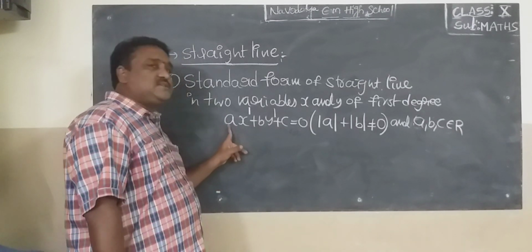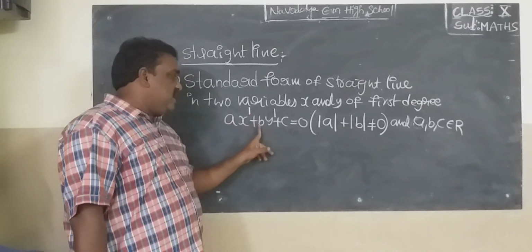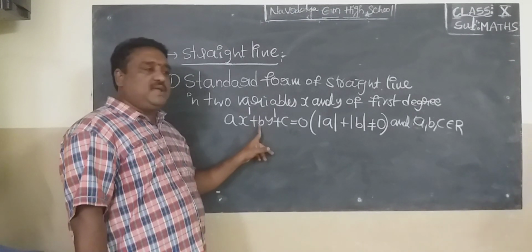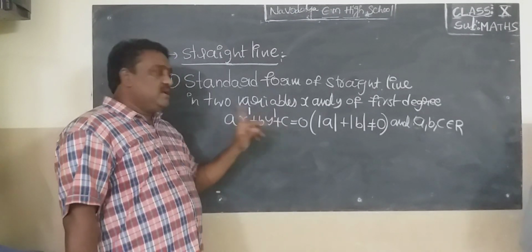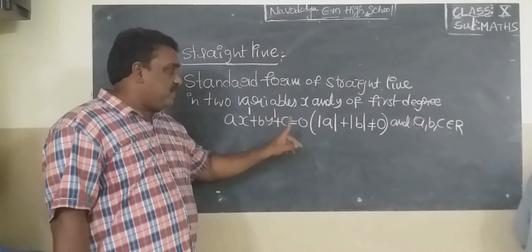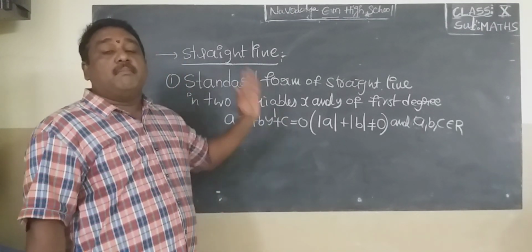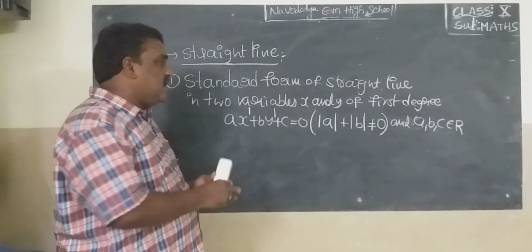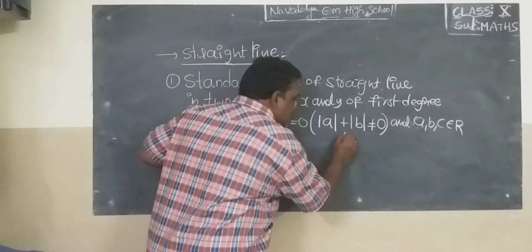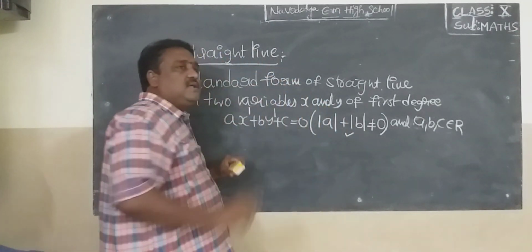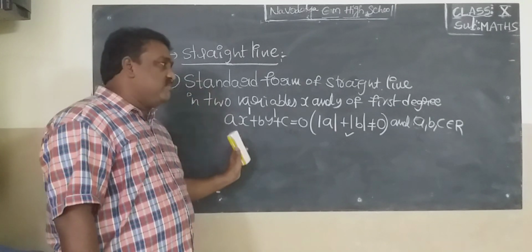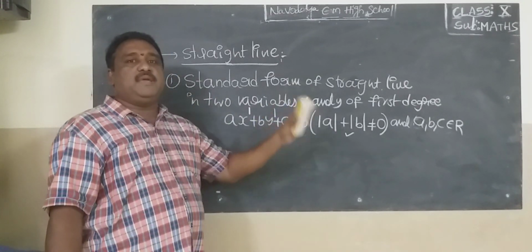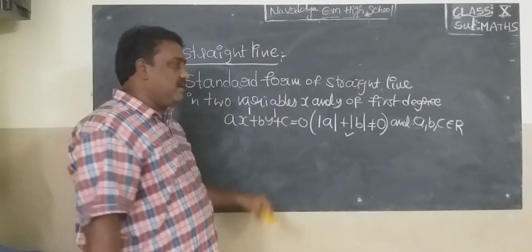A is the coefficient of x, B is the coefficient of y, C is constant. This is a very important condition. Okay? Then only it becomes a straight line. A, B, C belong to real numbers.